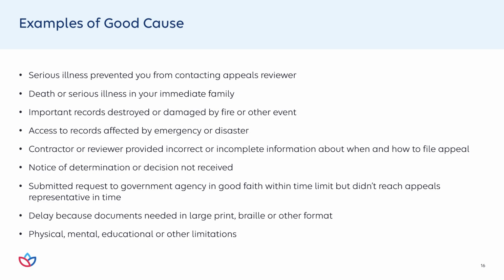If you submitted your request with a good faith effort to get there within the timely filing limit, and it still didn't reach us in time. So, for example, it got mixed up in the mail and took 3 weeks to deliver when it should have only taken a couple of days. Those types of things would be considered good cause.